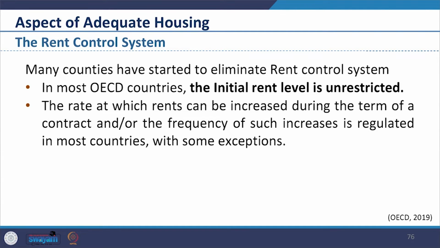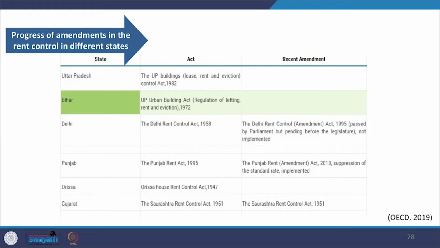In most OECD countries, the initial rent level is unrestricted. However, the rate at which rent can be increased during the term of contract and frequency of such increases is regulated in most countries, with some exceptions. It is suggested that in India, the state should continue to modernize the rent control system. The progress of amendments in the rent control in different states is slow.